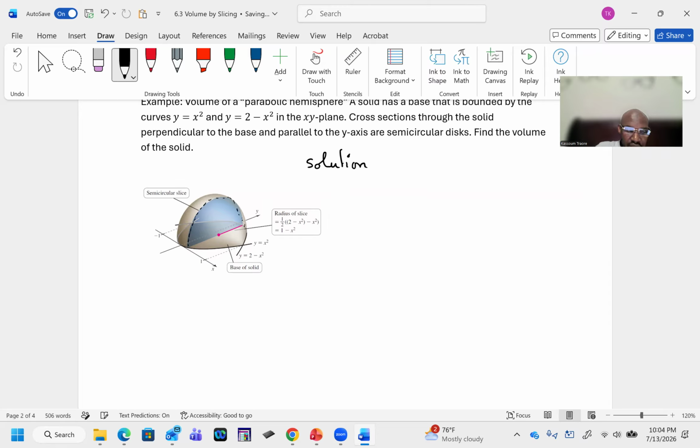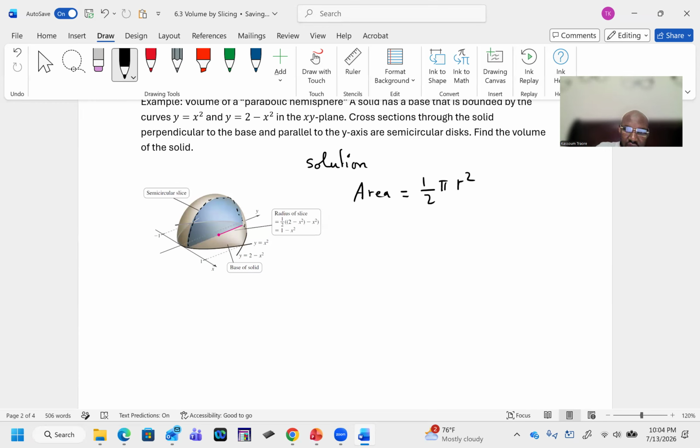Then the area of the cross section, this is R, the area of the cross section is 1/2 pi times R squared, where R is the radius of the cross section.